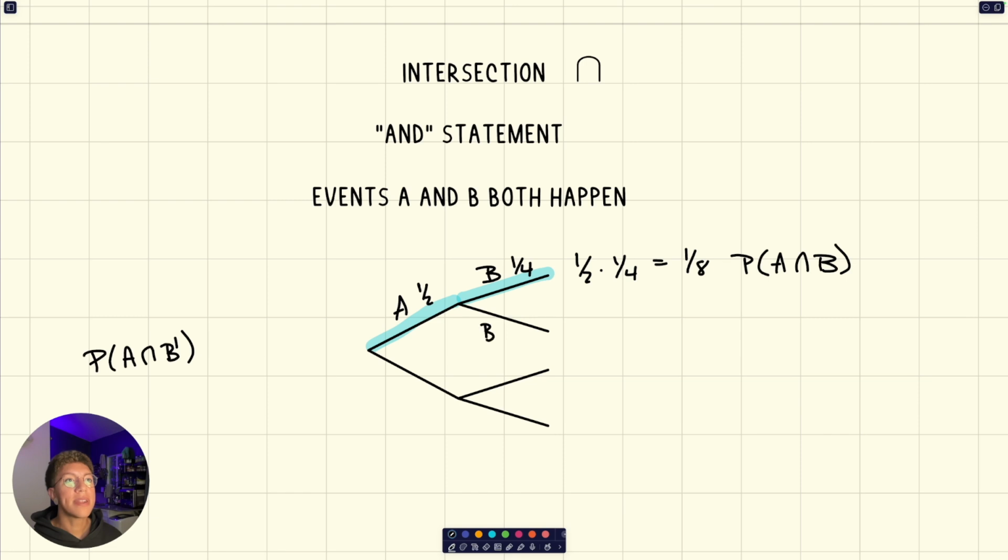This one is B naught. Again, it's not actually B naught, we'll get to that in a second. So A happened and then B not happened. Following that path, the end of that path is the intersection. So this path, maybe this has a probability of 3/4.